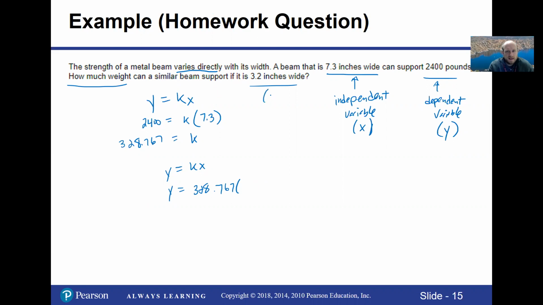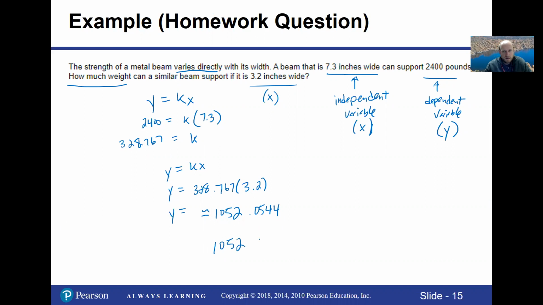Again, this is an independent variable, or x. So 3.2. And when I multiply those, I'm going to get about 1,052, and it keeps going. Actually, let me give you a more accurate answer. 328.767 times 3.2 is 1,052.0544.